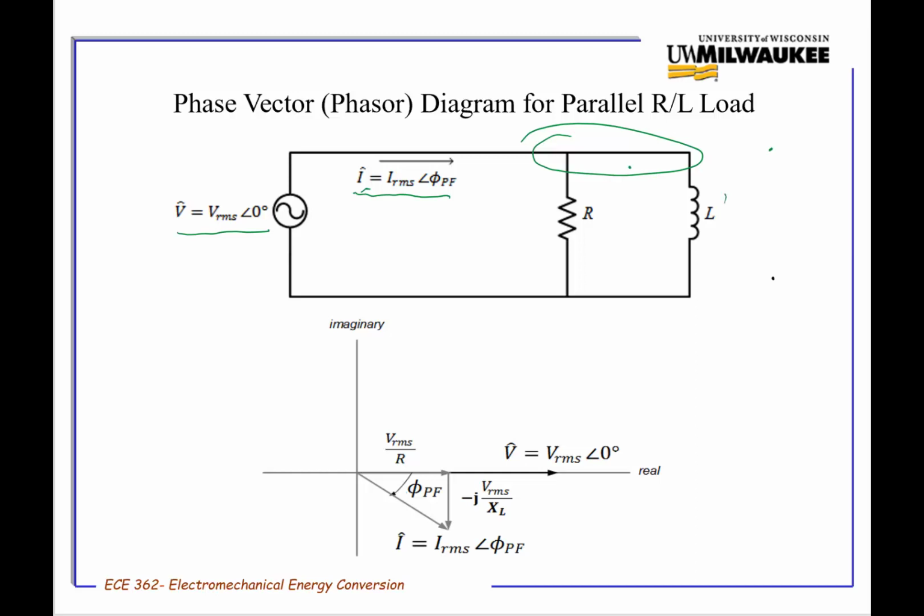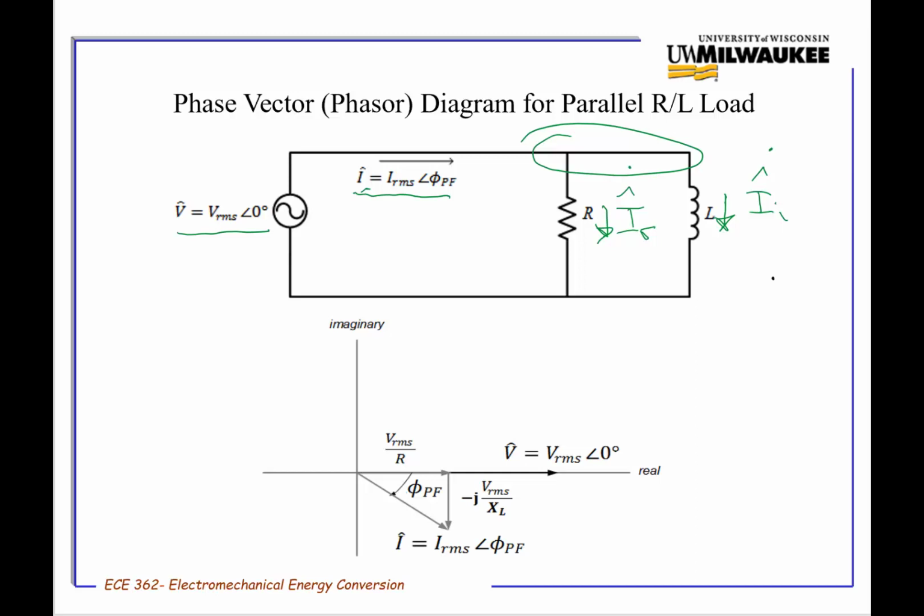recognizing that we would have a current going down this branch, which was purely inductive, and would therefore line up along the imaginary axis, and then a current in this branch, which, to be completely general, I'm showing as a phasor, even though it will have a phase angle of 0.